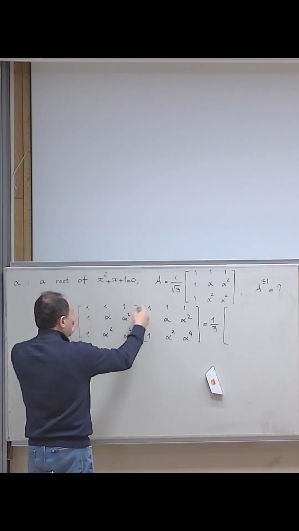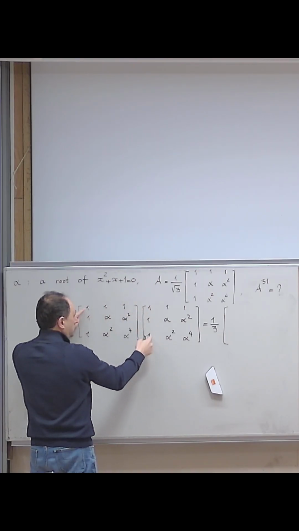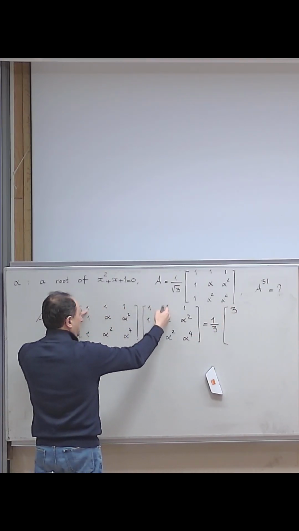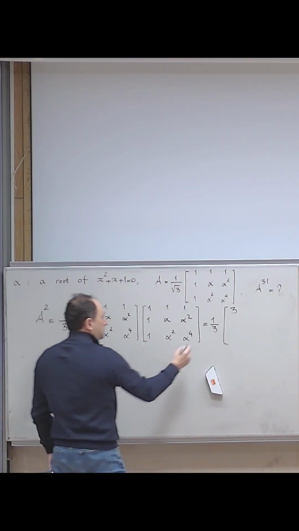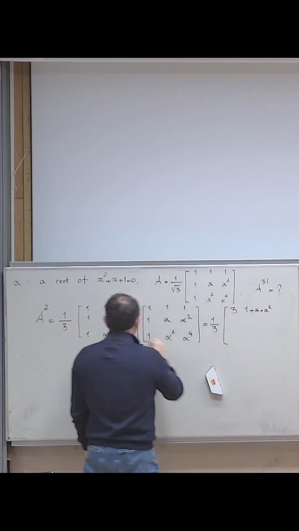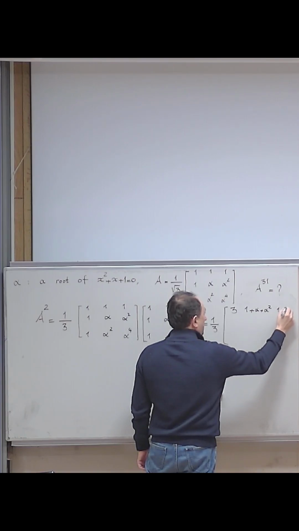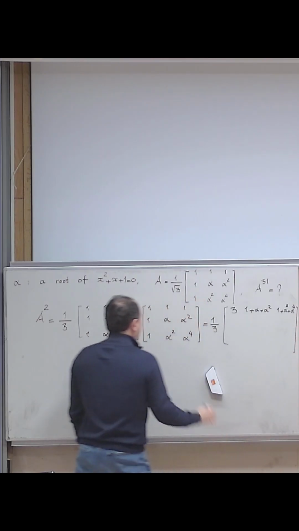So this row will be multiplied here: 1 times 1 plus 1 times 1 plus 1 times 1, which will be 3. Then I take this row and multiply it here, 1 times 1, 1 times alpha squared, add them up, so it becomes 1 plus alpha squared. And when I multiply this here, for the same reason, it becomes 1 plus alpha squared plus alpha to the 4th. Then I go to the next one.